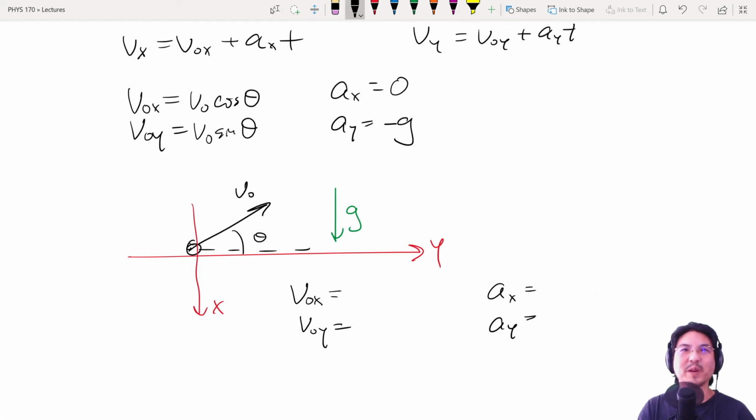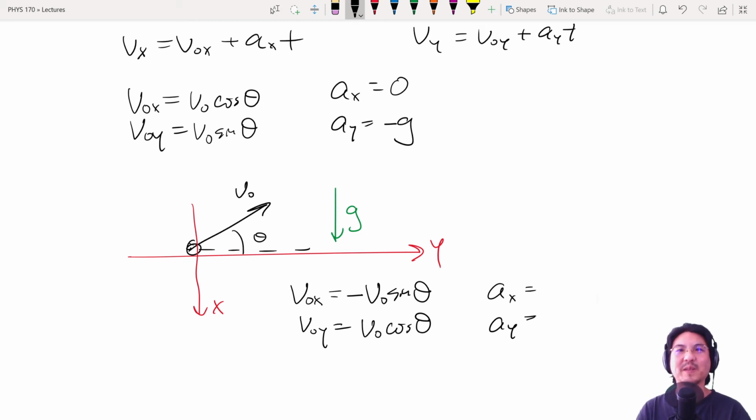What are the x and y components of this initial velocity now? So x is this way, so the x component is here, so it's negative. And see how this is opposite? So sine. And then the y-axis is here, so the y component is positive, over here, which is adjacent to the angle. So positive cosine.